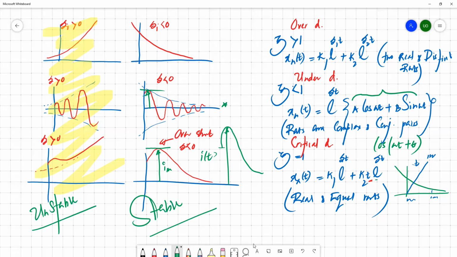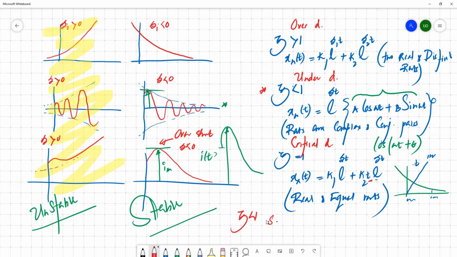Now we can take another special case where you don't have damping. This scenario can be obtained from the underdamped case, the second case where zeta is less than 1.